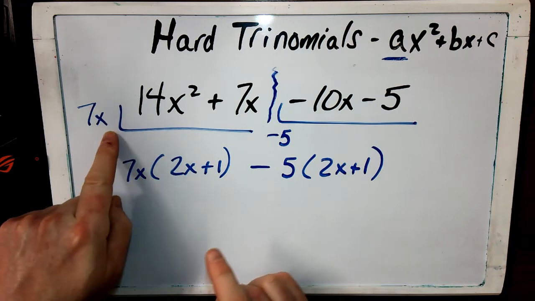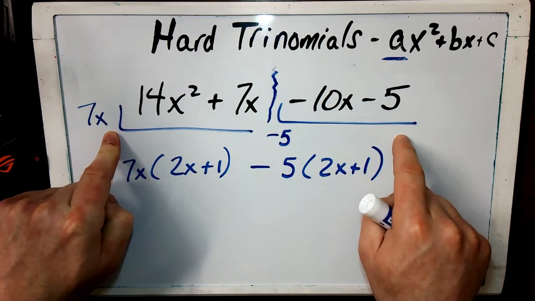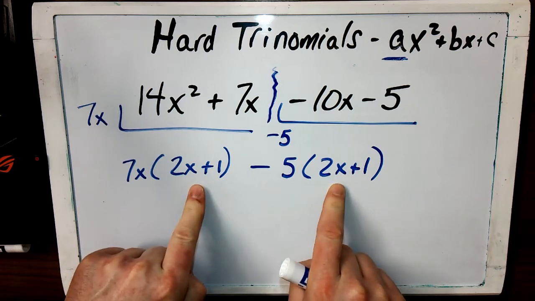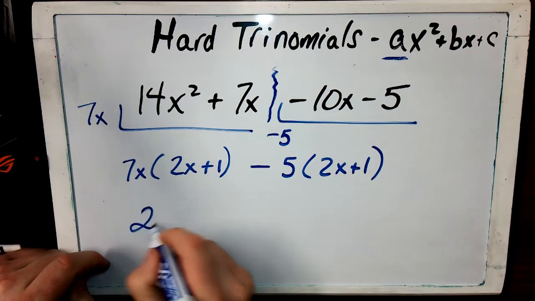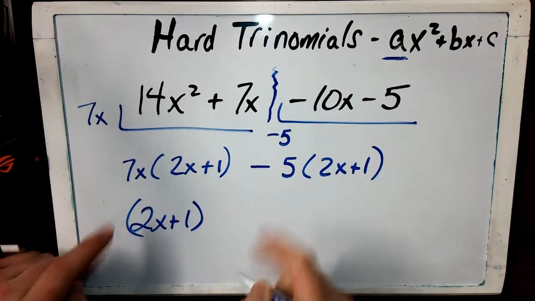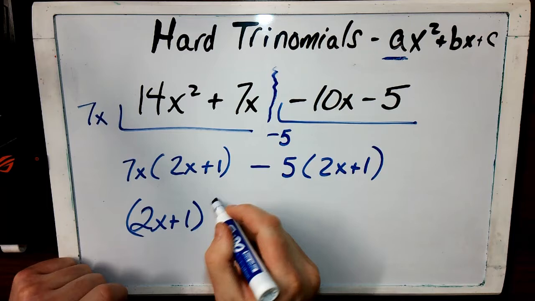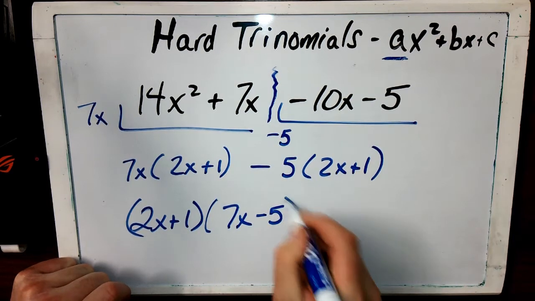So we took GCF of the first half, GCF of the second half, and now if we look closely, we have the same binomial. So we're going to GCF a third time, and the remainder, what's left, goes in the second set of brackets.